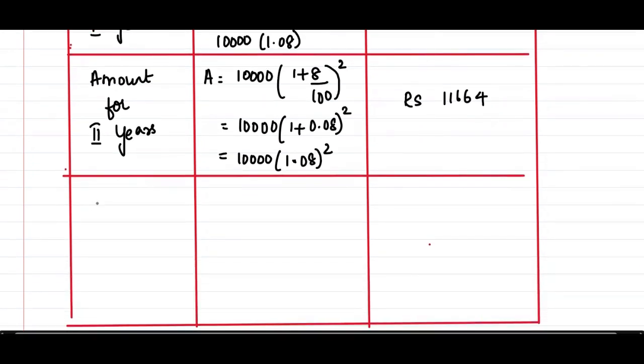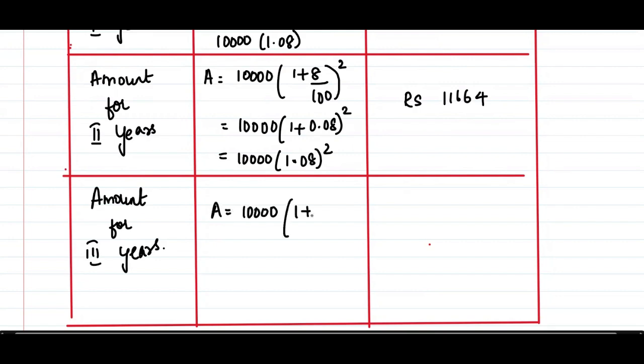Now let's see what the amount is for the third year, when we deposit for 3 years. The third year will be 10,000 into (1 plus 8 over 100) to the power 3.